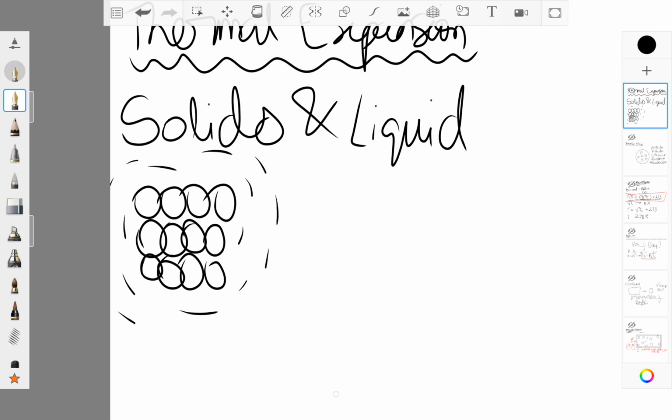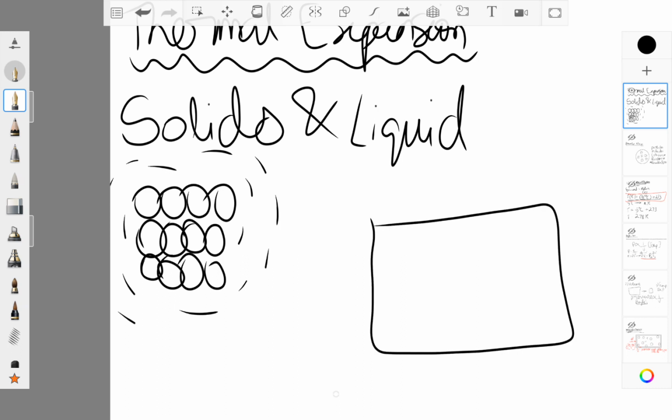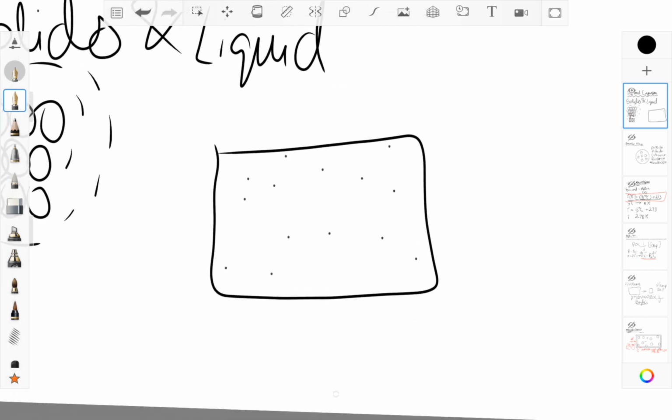Now gases also undergo thermal expansion, but the description of how it occurs in gases is a little different. Again, let's consider gas molecules trapped in a container. So let's just do something like this real quick. As you can see, the gas molecules already move large distances and collide with one another, but as you increase the temperature and they gain more thermal energy, they travel faster over larger distances, and so they're likely to collide more and with more energy with the walls of the container.